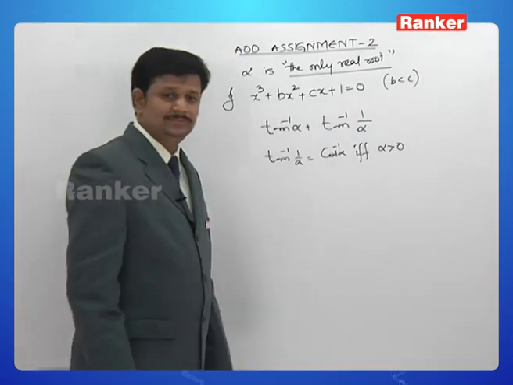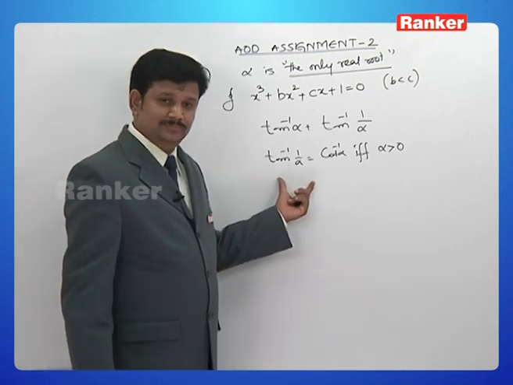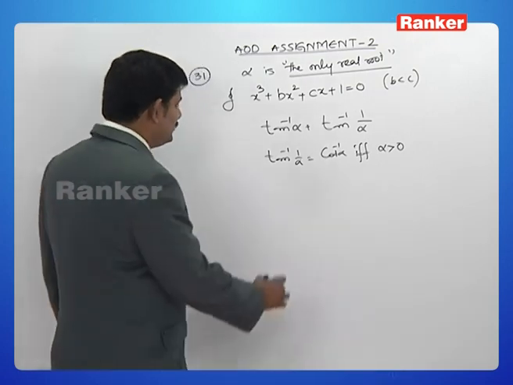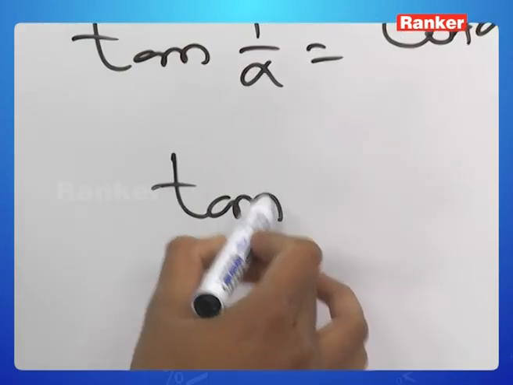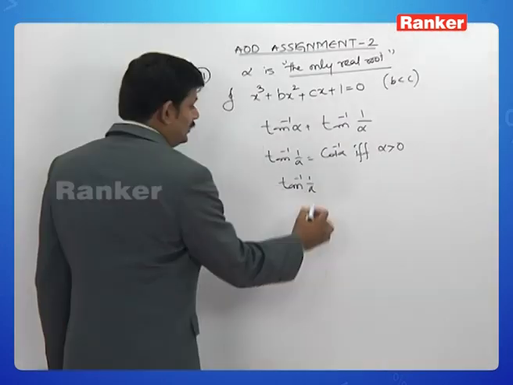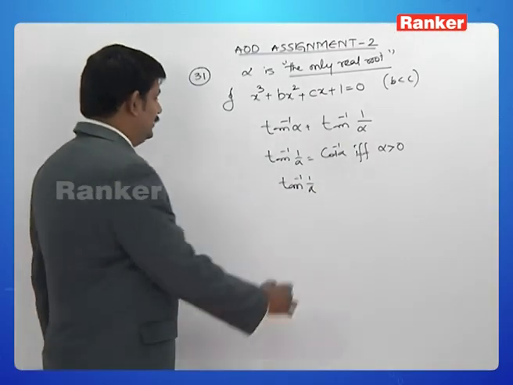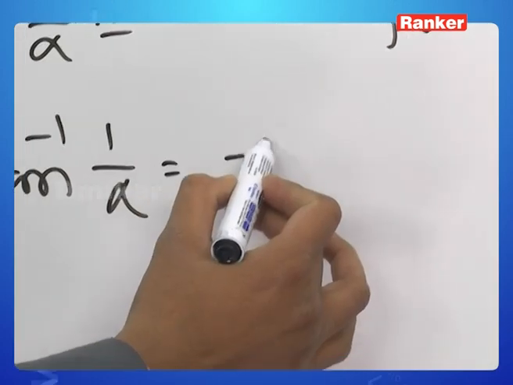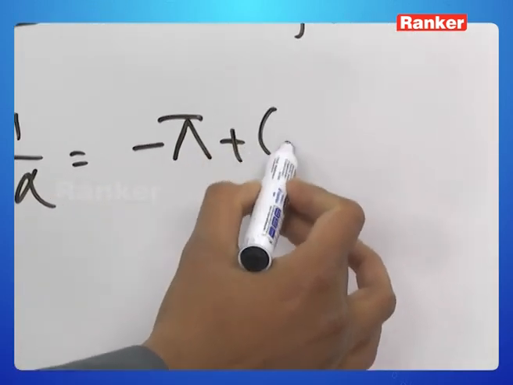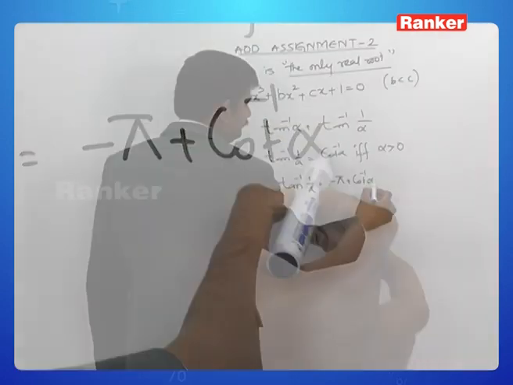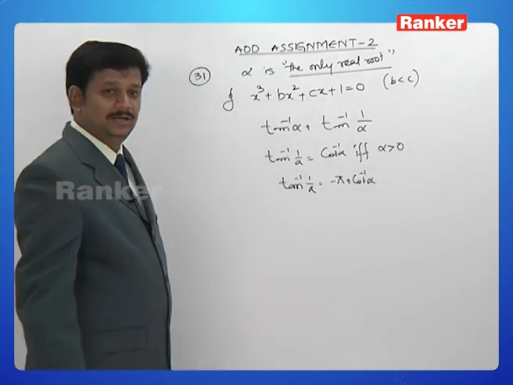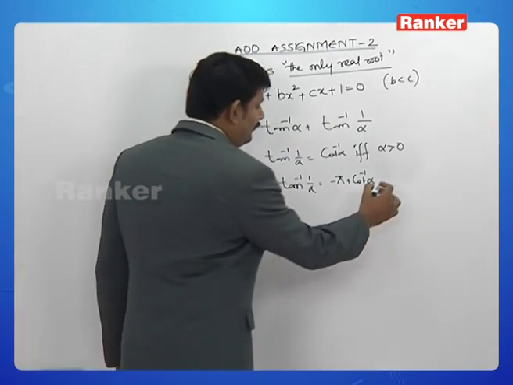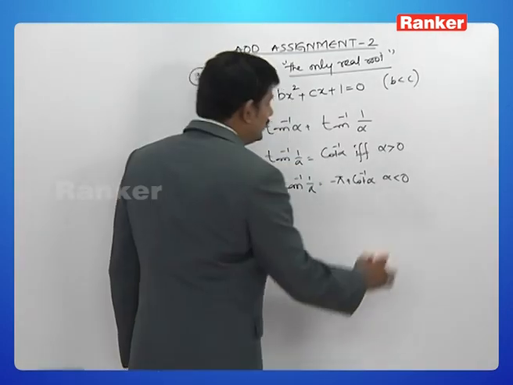And when alpha is negative, tan inverse 1 by alpha will be minus pi plus cot inverse alpha.